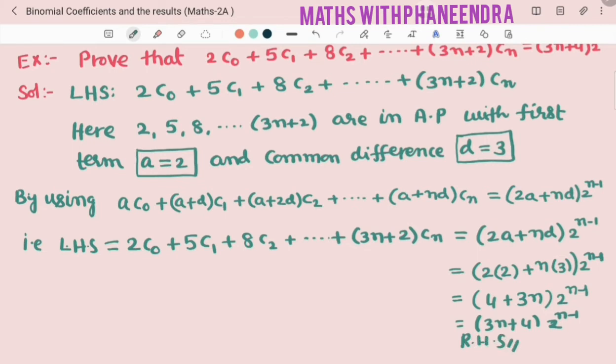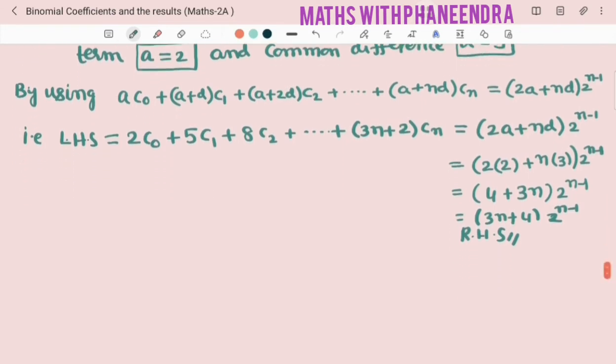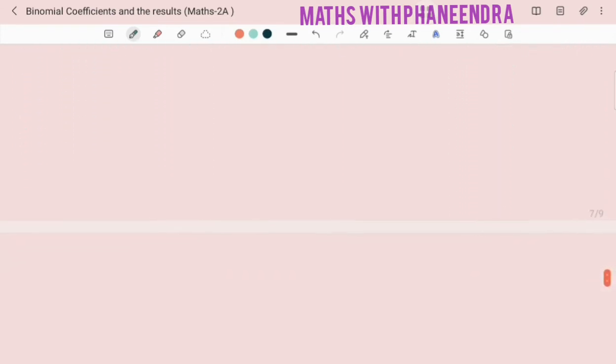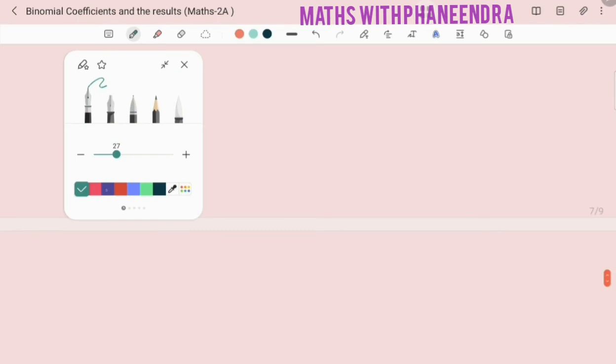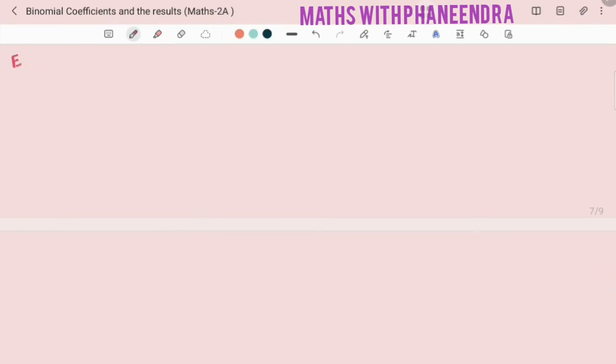We'll move to another example based on the same. This type of question we may expect in the public examinations for 2 marks. Example 2.